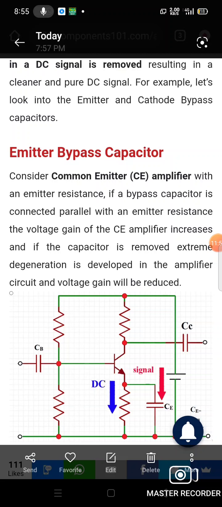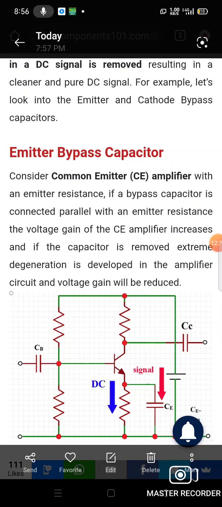The emitter resistor acts as a feedback resistor, that is, a negative feedback resistor. So some amount of voltage drops across that resistor, the amplifier output voltage gets less, and finally the gain of the amplifier is reduced.